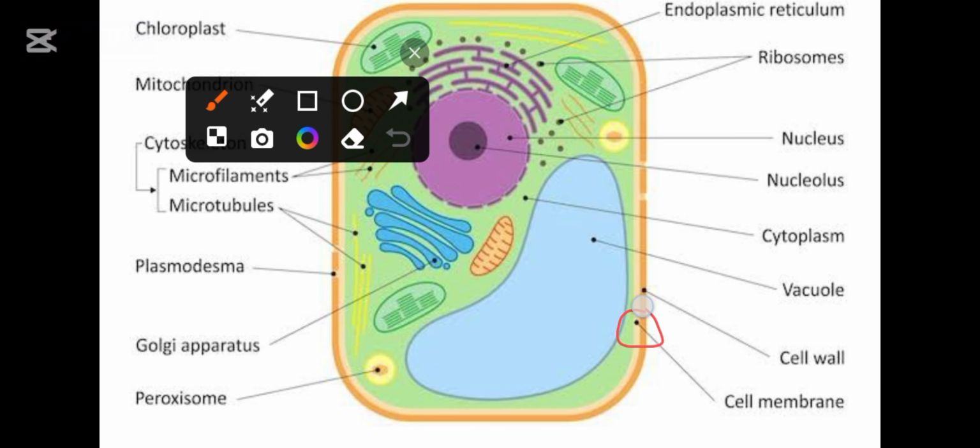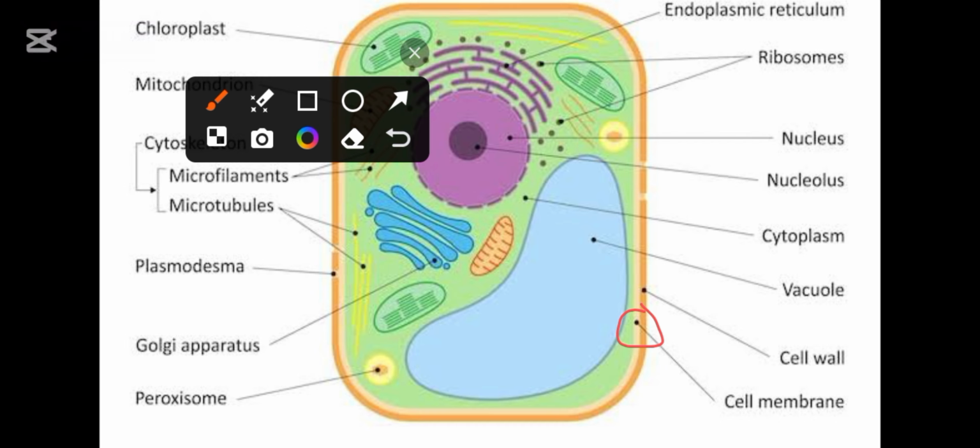Look at my cell membrane, and this cell membrane performs specific functions. One, it separates the cell from its environment. Two, it is semi-permeable. It is made up of a phospholipid bilayer. They allow exchange of materials between the environment and the cell itself. It also gives the cell its shape.